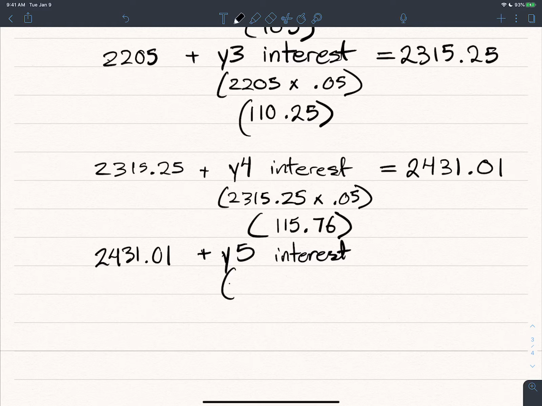And now we should all be hip to the pattern. We're not going off the initial amount or the last amount. We got to calculate the interest again. And when we calculate that interest again, 2,431.01, don't forget the penny, times 0.05, we get 121.55 plus $2,431.01.